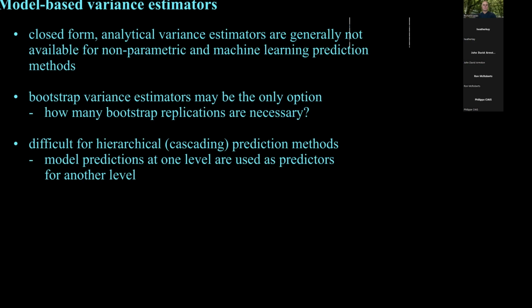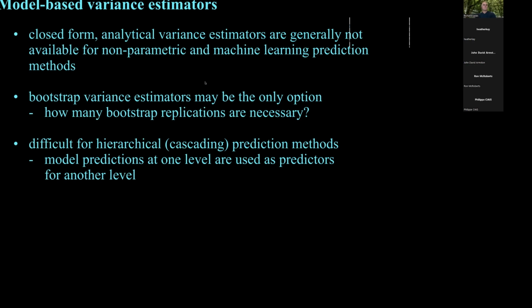So if my mapping technique is going to use predictions of height from another model, and then use those as predictors of biomass in the next level, that's one of those cases where you have sampling variability based on a product based on a sample. So it's difficult to do this cascading effect where we propagate from multiple levels to different levels.